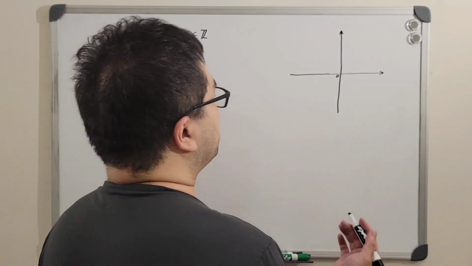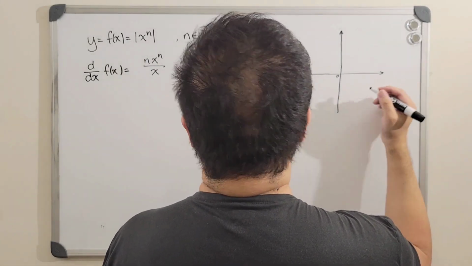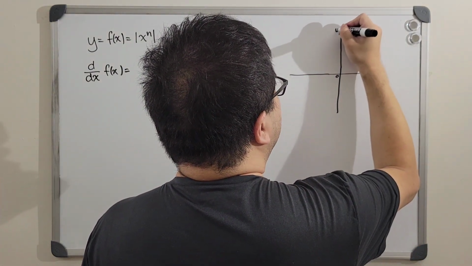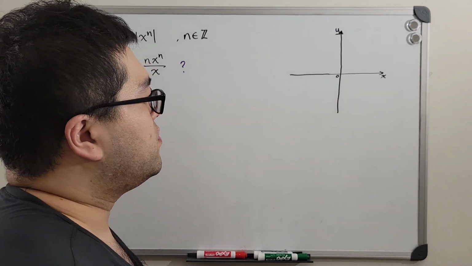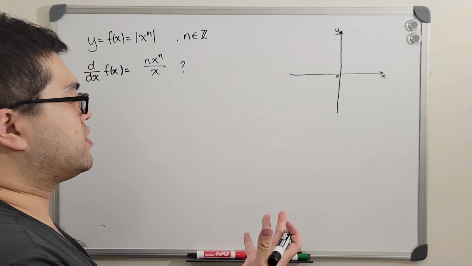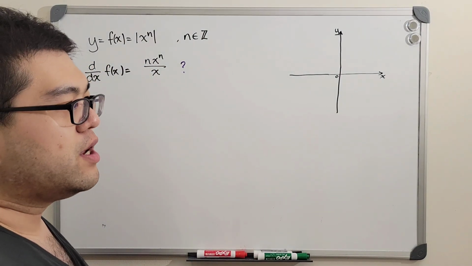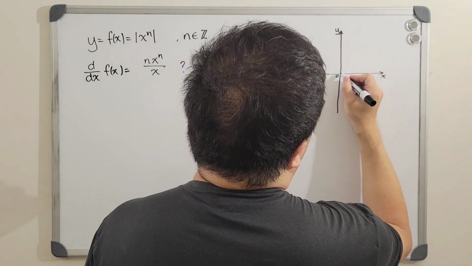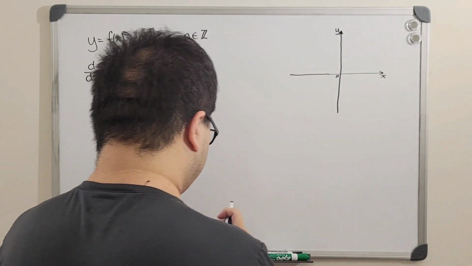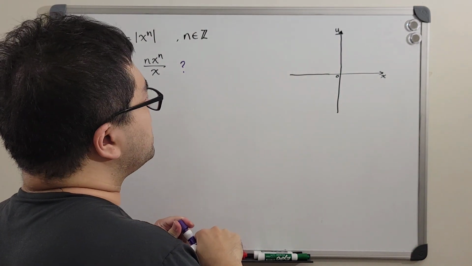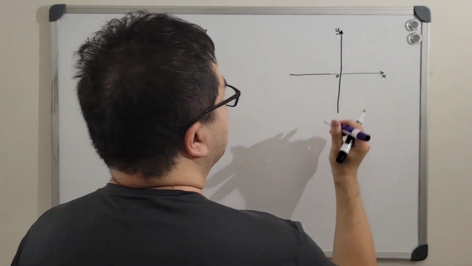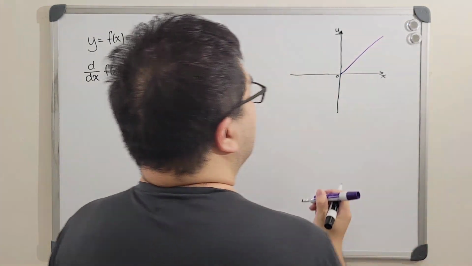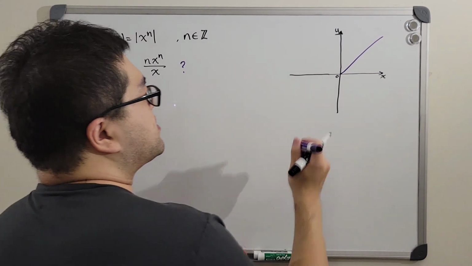Then those two might not give us any problem. The cases that actually give us a problem would probably be when we talk about the positive power function, in other words, the polynomial part. So, for example, when we have n equals 1, we know that y equals x goes like this, and y equals negative x goes like this.